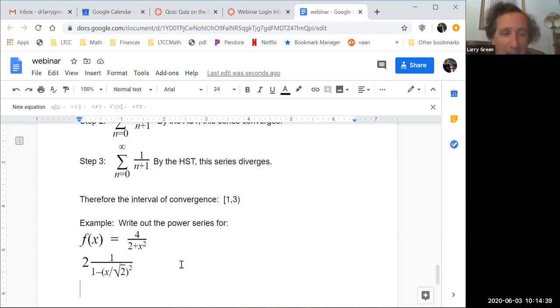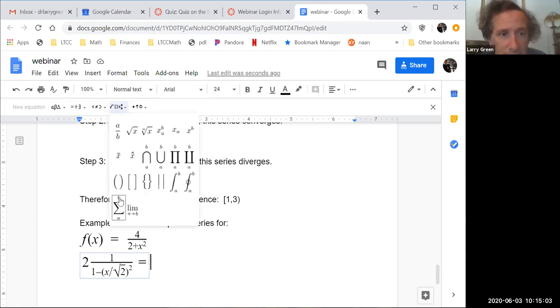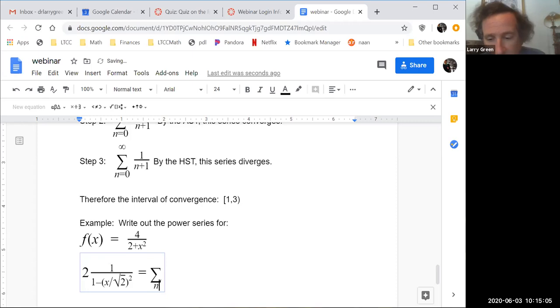Okay. Now I can write this as a geometric series. So this is going to be equal to the sum, n equals 0 to infinity.